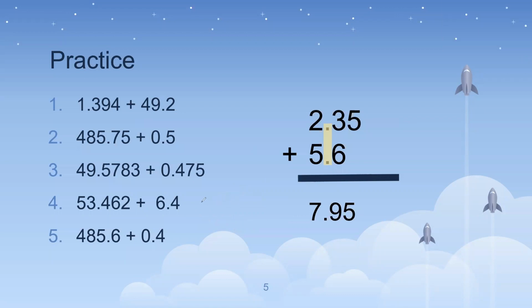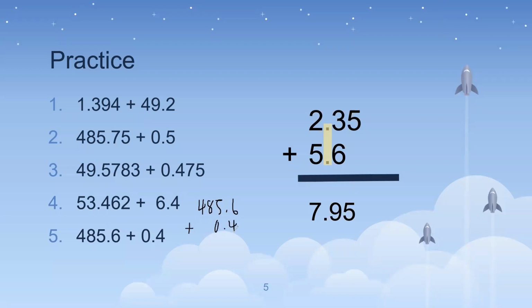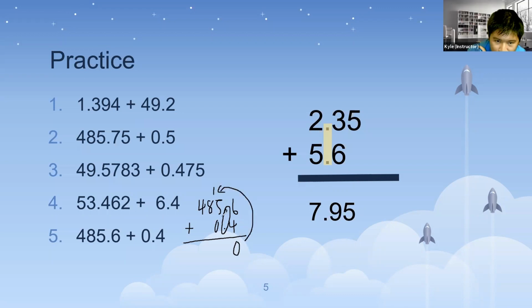So I put 485.6 at the top. Okay. And then I added 0.4 and I put a point right below the other point. Yes. I added 6 and 4 together, which makes 10. So I put 0 there and then a 1 at the top. Yep.